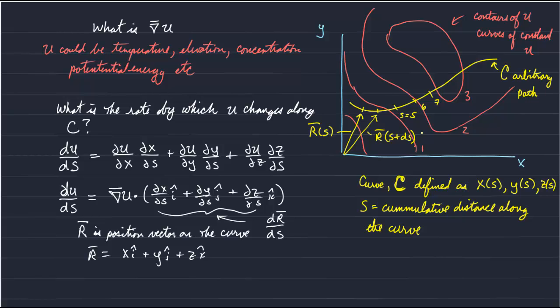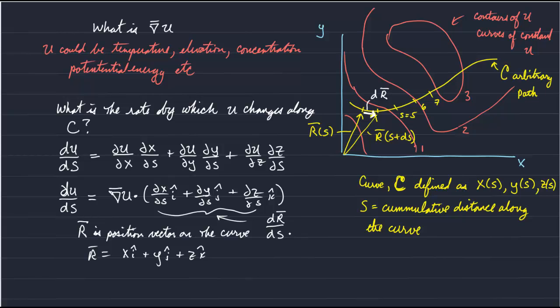Okay, and so the change in r is given by the difference between the two vectors. Maybe you can see this little white vector is an infinitesimal change in r.